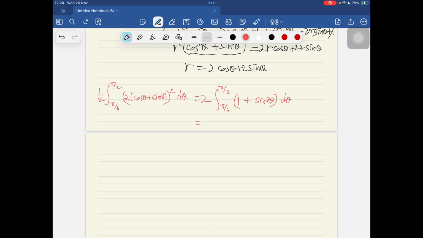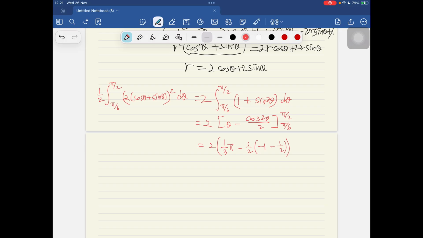That gives 2 times (theta minus cos double theta over 2) from pi over 6 to pi over 2, which is 2 times pi over 2 minus pi over 6, which is 1 over 3 pi minus half (cos pi minus cos pi over 3).